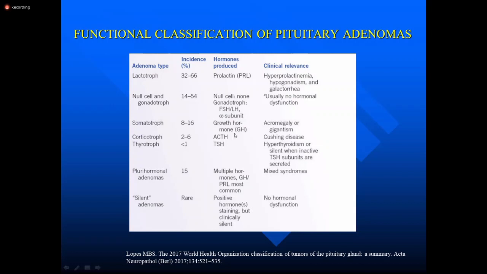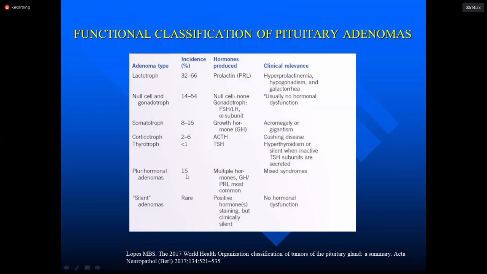And then there will be the growth hormone secreting adenoma resulting in acromegaly in adults, or gigantism in children. And in lesser frequency is the ACTH secreting adenoma resulting in Cushing's. And rarely it will be a TSH secreting adenoma resulting in hyperthyroidism, or a plurihormonal adenoma.